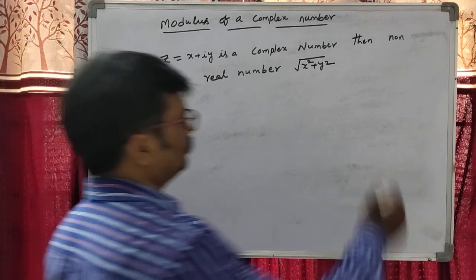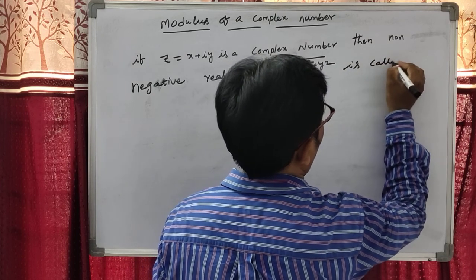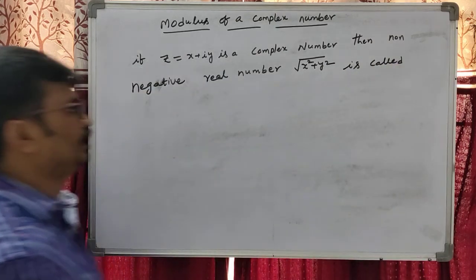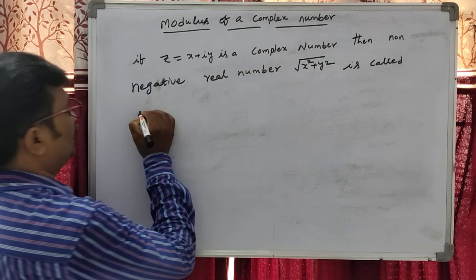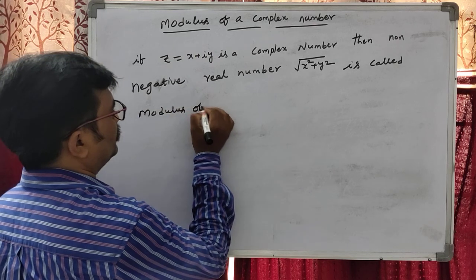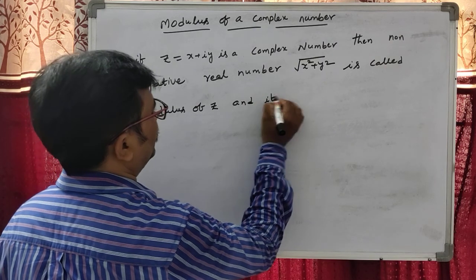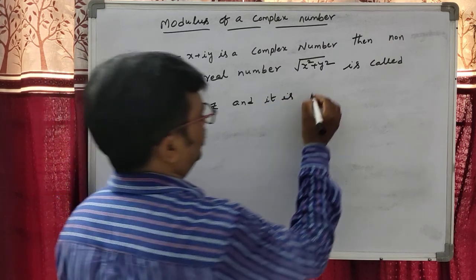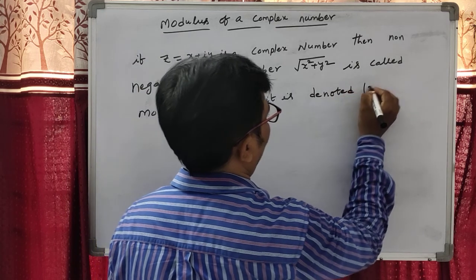The non-negative real number root of x square plus y square is called the modulus of z, and it is denoted by mod z.